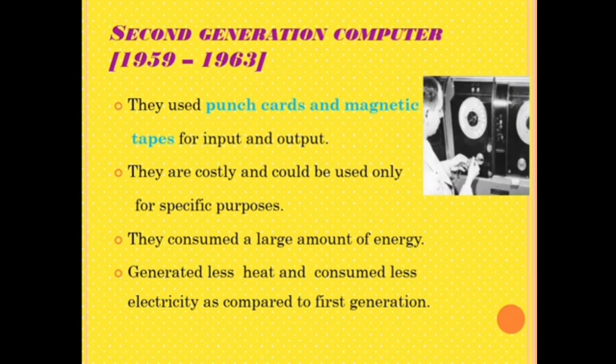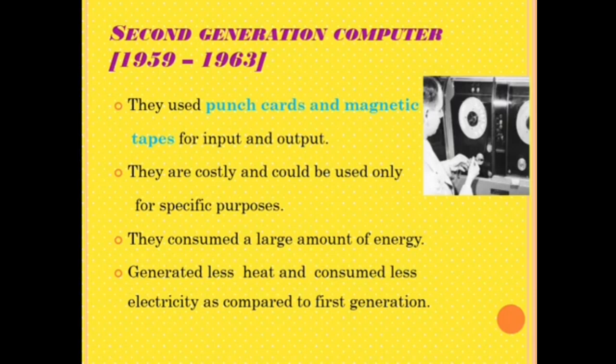So in the first generation, the machine is very big. In the second generation, the machine is a little bit smaller. There they used vacuum tubes technology; here they use transistors. There they used punch cards for input and output; here they use punch cards and magnetic tapes. There a lot of heat was produced; here less heat is produced.